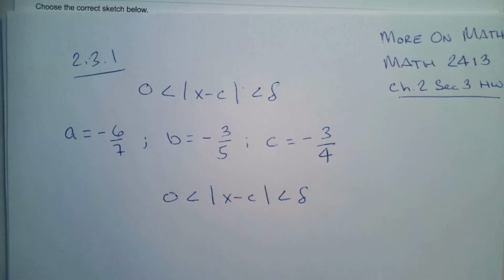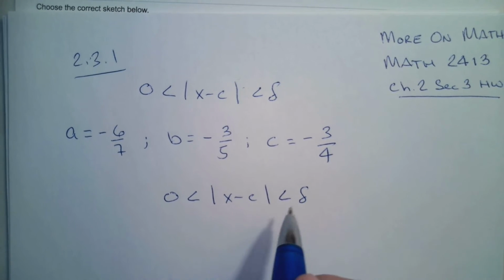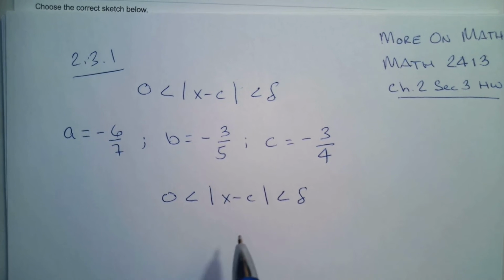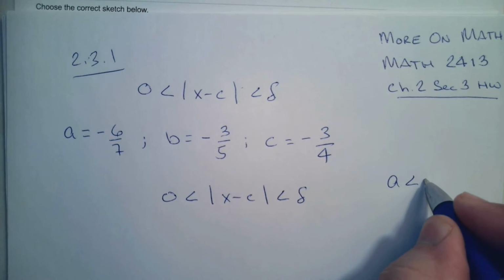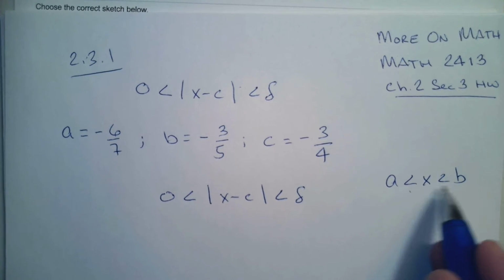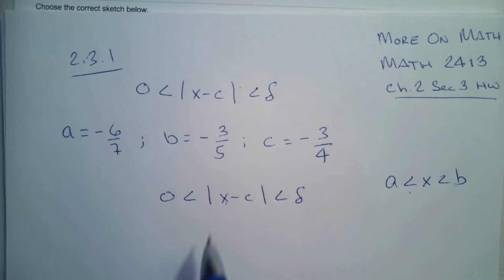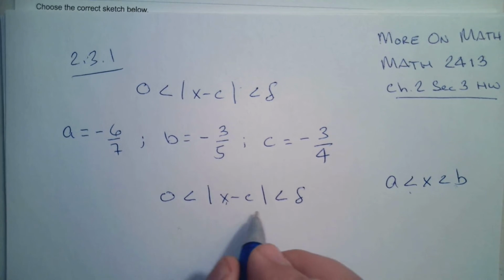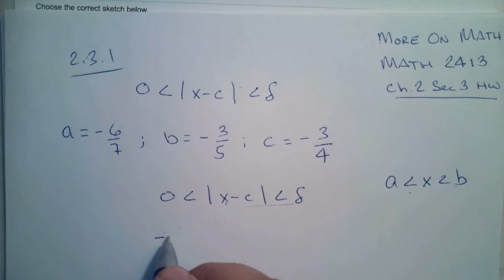So we're going to find the interval that works around A and B, because it has to satisfy this condition. The value of x has to be between A and B, so we have to isolate x. We know it's got to be positive. So let's solve for this one.